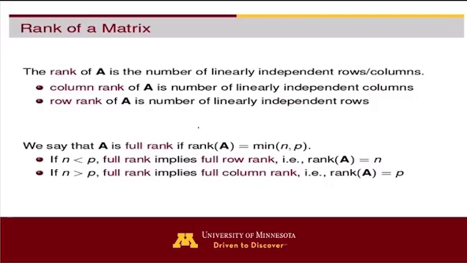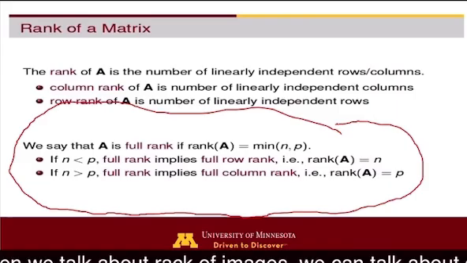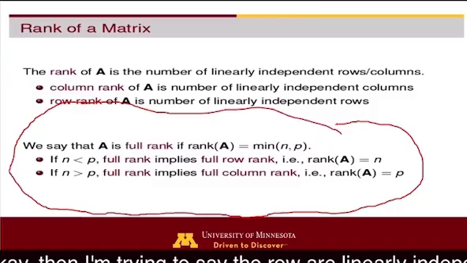Now I need you to pay attention to this. When we talk about rank of a matrix, we can talk about column rank and row rank. When I talk about column rank, I'm talking about the variables in the columns being linearly independent. When I talk about row rank, I'm saying the rows are linearly independent.